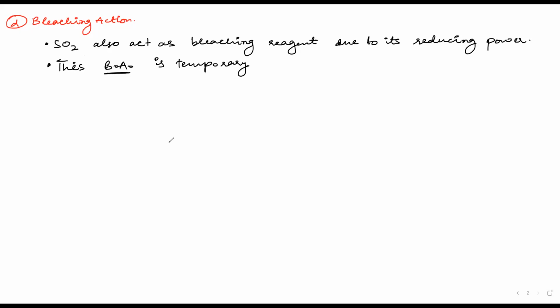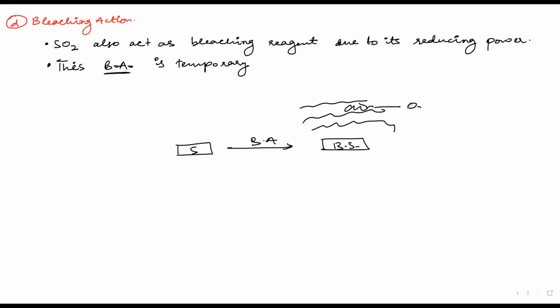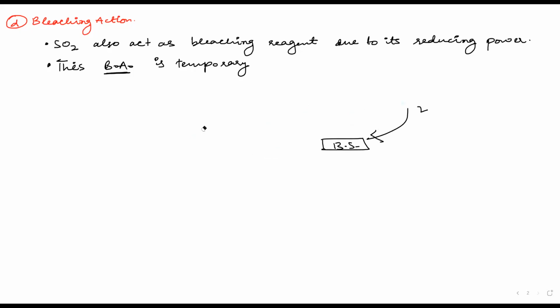If you are using the reducing property of a molecule to bleach a substance, then once it is bleached, whenever it comes in the presence of air, the oxygen in the air will oxidize it. It will get oxidized and go back to the previous color. So that is why it is a temporary effect and not a permanent effect.